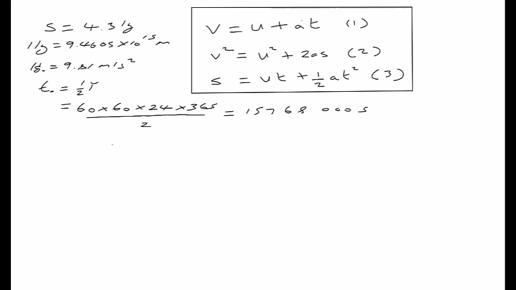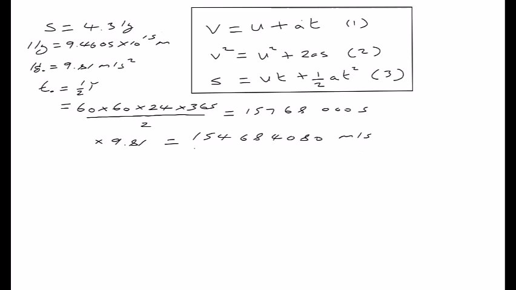And then we multiply this by our acceleration, 9.81, because we're using this very basic equation here, v equals at. When we multiply that by 9.81, we end up with a velocity of 154,684,080 meters per second.